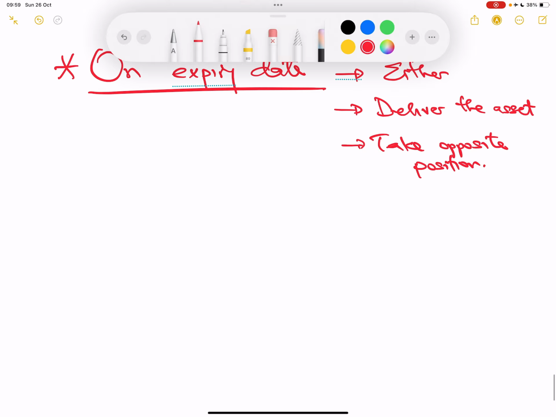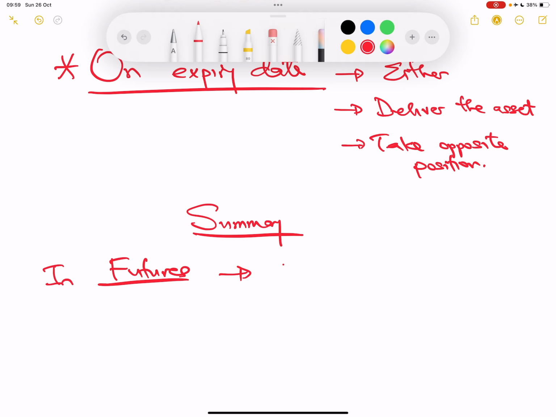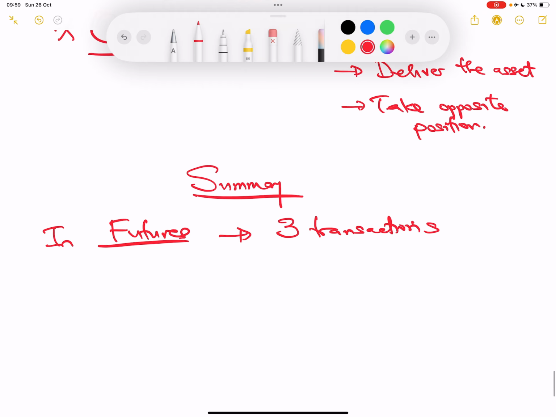Okay? So, in summary, what we're saying is for futures, 3 transactions are involved. Anytime you're solving a problem in futures, think of 3 transactions that you must compute, and that's how we're going to be solving questions going forward.